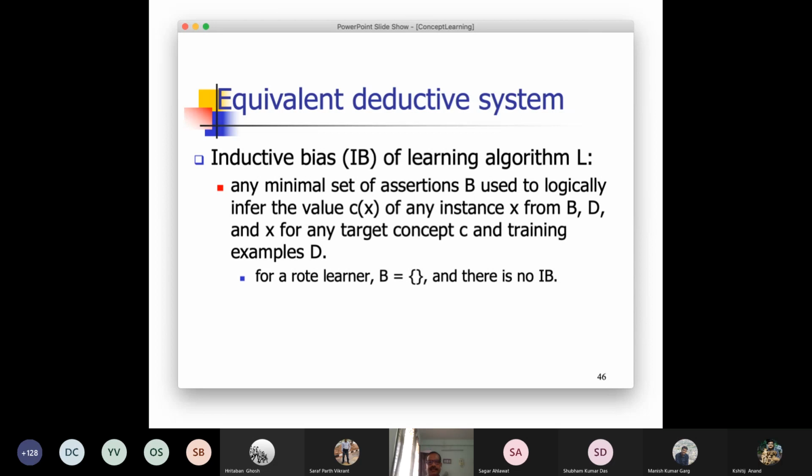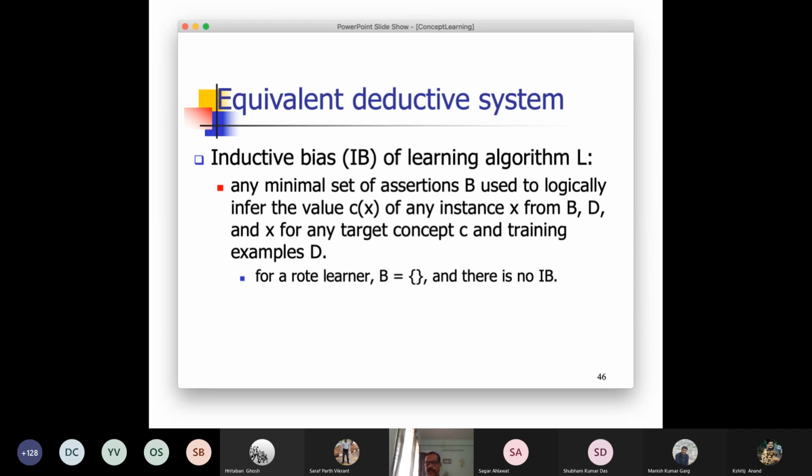You can see that for any learning algorithm, inductive bias is a minimal set of assertions. These constraints are put in the form of assertions, which could be a predicate, a Boolean expression for satisfying certain things, or certain statements like the target function should be in the hypothesis space. That is also an assertion.